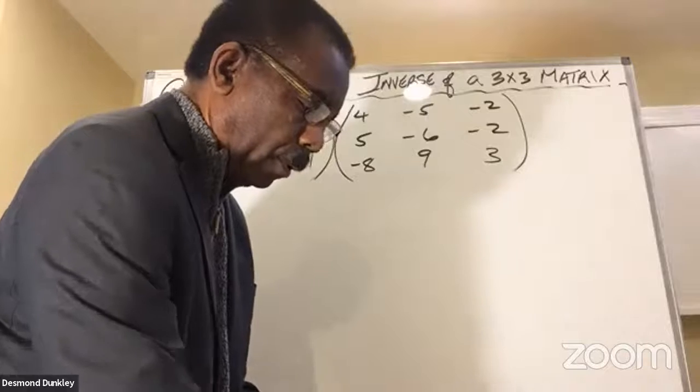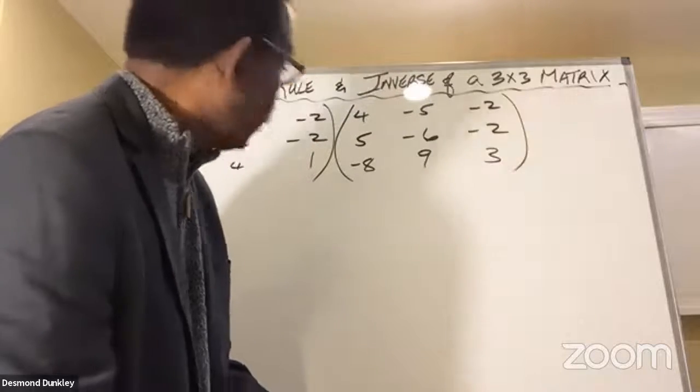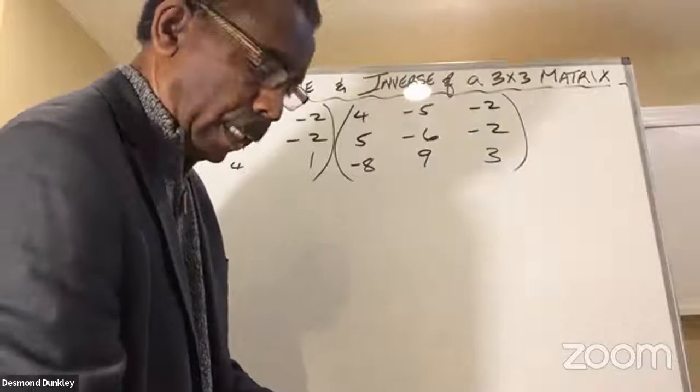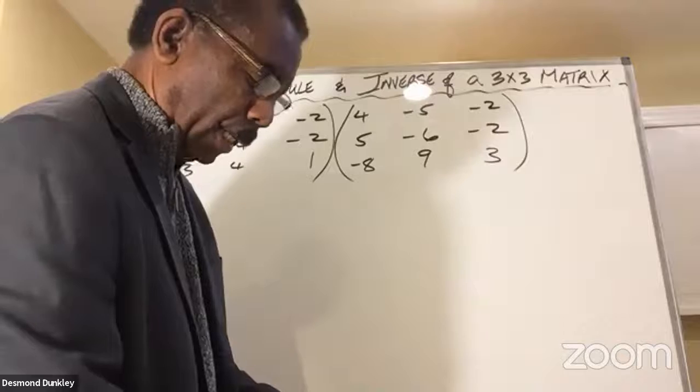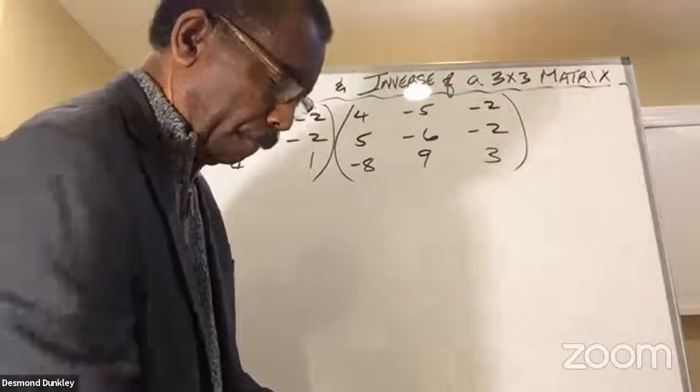So 0, -3, -2, 1, -4, -2, and -3, 4, and 1.